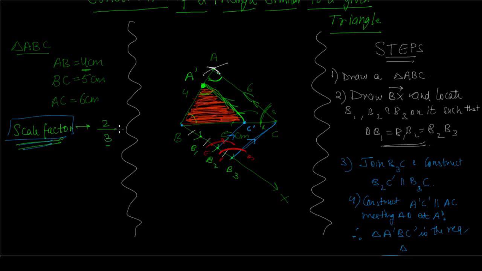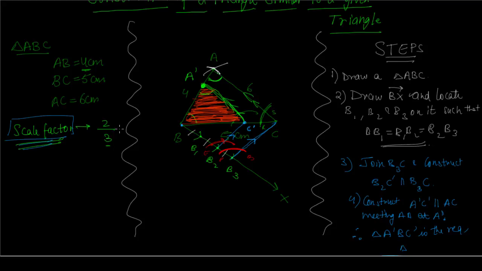So we're going to cut 4 arcs, but we are not going to connect B4 to C, because here the triangle we want is bigger than the original triangle, right? So we're going to connect B3 to C, right? B3 to C. And then we are going to construct a line parallel to B3C from B4, right?